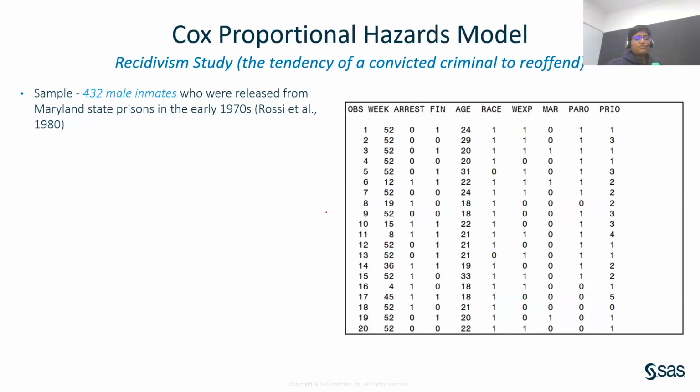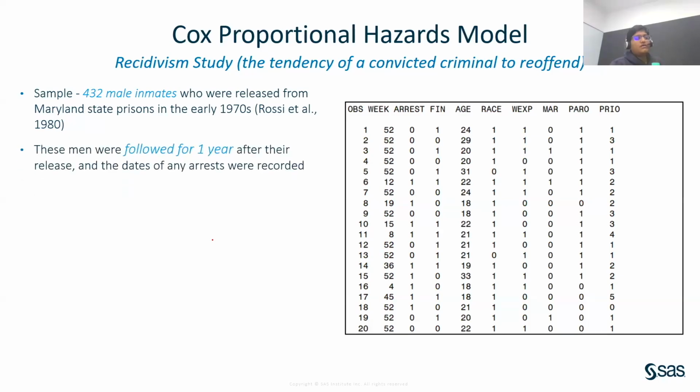These inmates who were released in the 1970s were followed for 1 year, and it was checked whether they were going to reoffend and get arrested again. So here we are just looking at only the first arrest, so the time after coming out of the prison to being arrested once again.